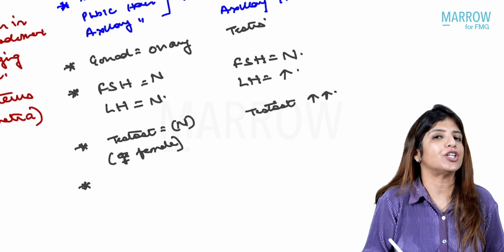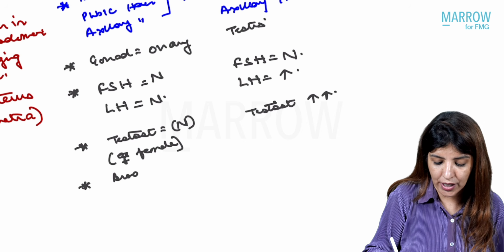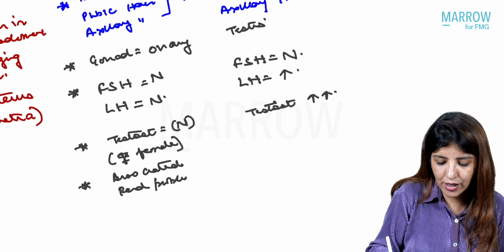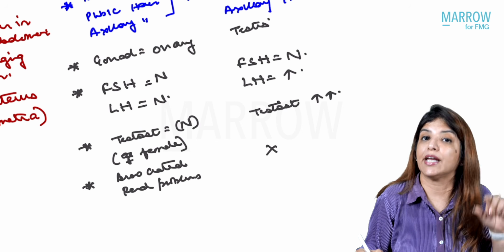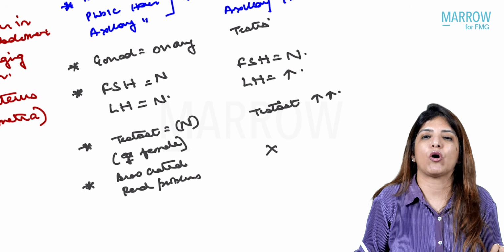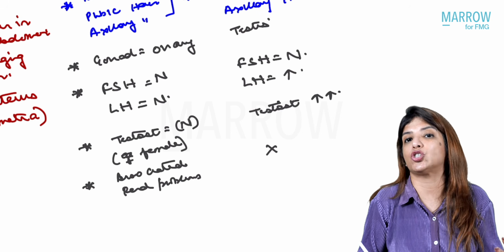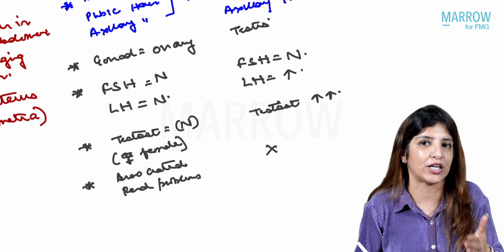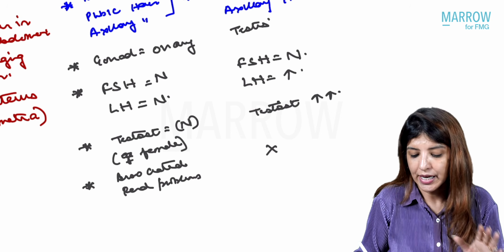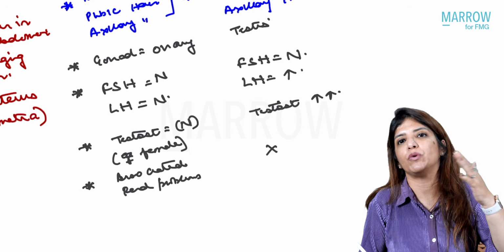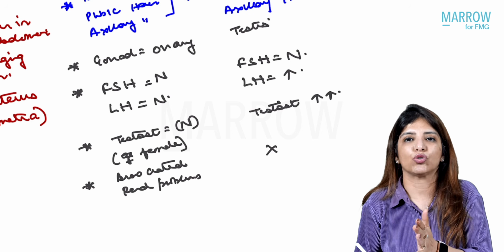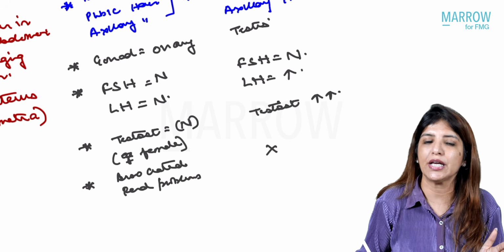In which condition are you going to get associated renal problems? Associated renal problems you are going to get in case of MRKH, in case of Mullerian agenesis. This is because Mullerian duct not only leads to development of female reproductive tract, but also to parts of the urinary system, right? So associated renal problems will be seen in Mullerian agenesis. They will be absent in case of androgen insensitivity syndrome.